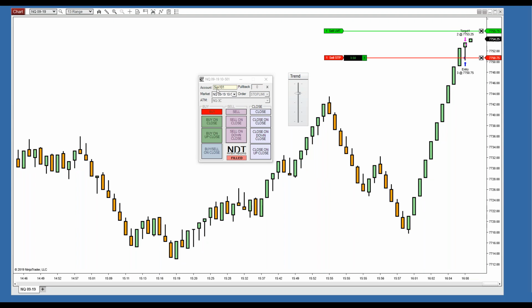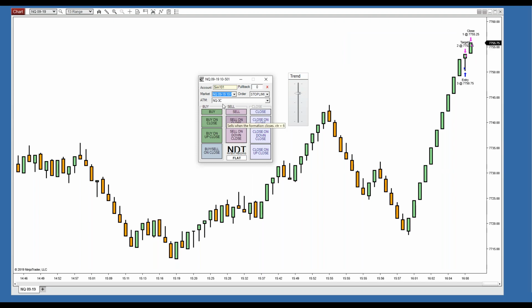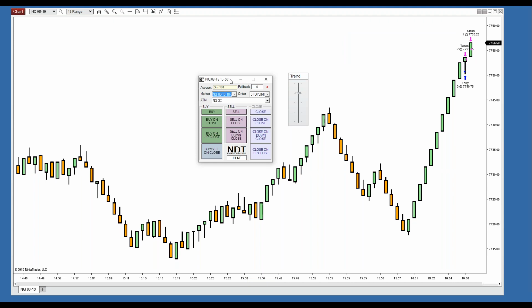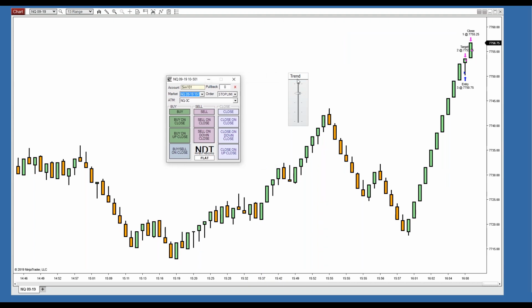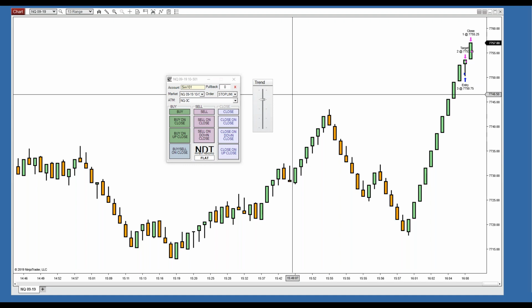If you trade stocks, you can program one for each stock. We're just going to close it. If you trade futures, you can program one for each future, and if you trade Forex, one for each Forex pair.